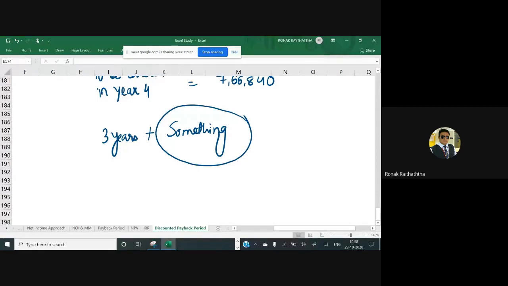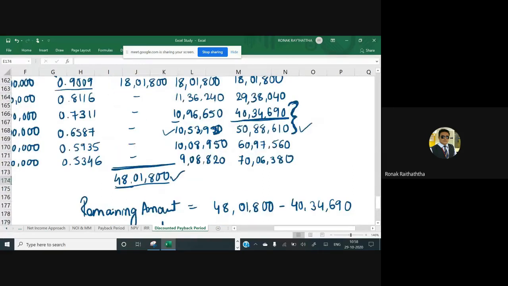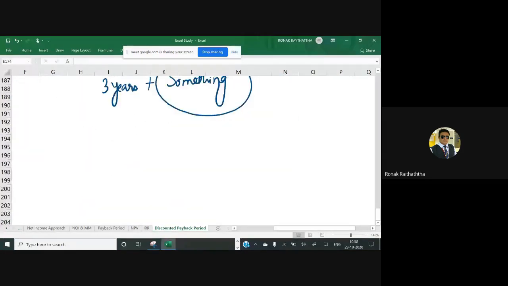This something is, see, in year number 4, in totality, if you see, you have covered up 1053,920. So if you want to cover 1053,920, then it will take the entire fourth year, which is the 1 year, right?